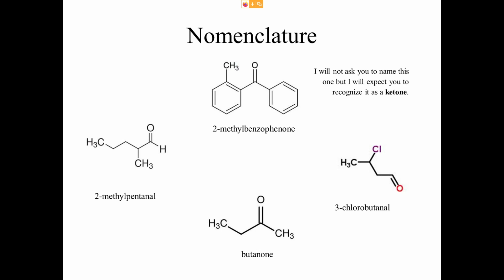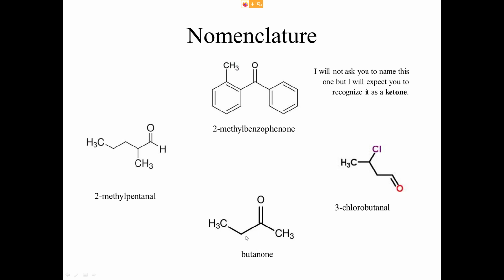Any questions on these 4? Or the bottom 3 at least? Why doesn't it matter where the number is on the butanone, like the 2? On the one at the bottom, we're labeling it from right to left: 1, 2, 3, 4. With me so far? And where else could this oxygen have been?